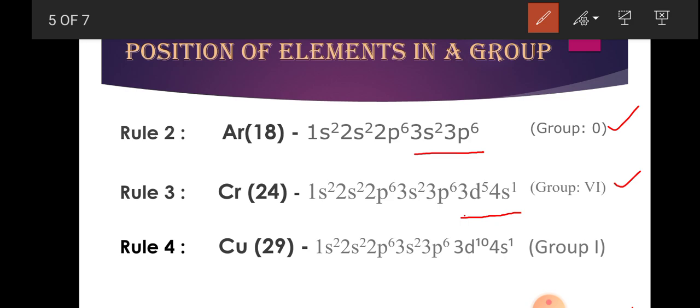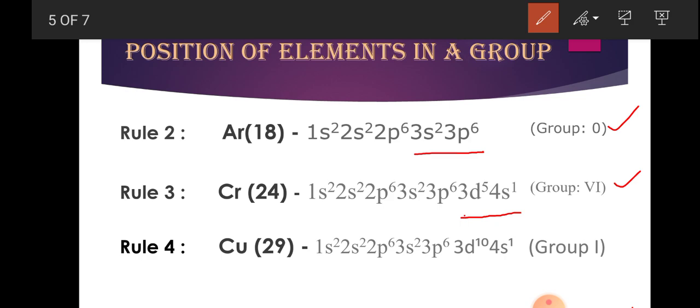Now, rule 4: if the d and outermost s orbital contain more than 10 electrons, then in that case only the electrons present in s orbital indicates the group number of that element. D orbital is not considered here. For example, copper.